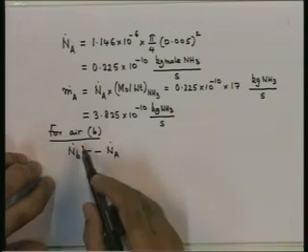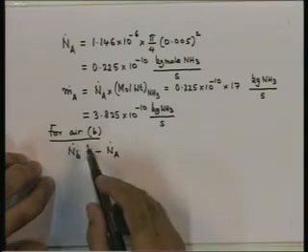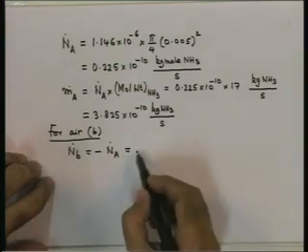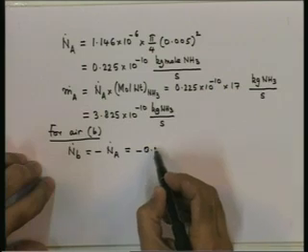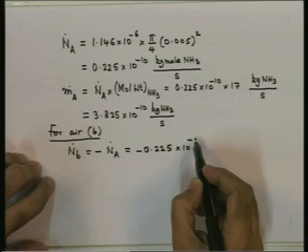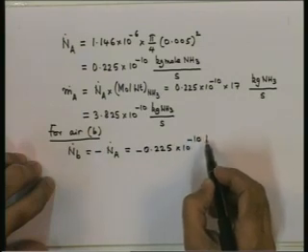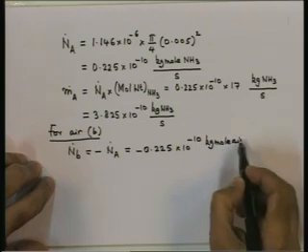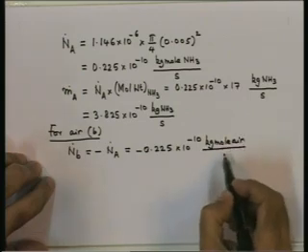So, the molar flow rate of air will be from right to left, so it will have a negative value. This will be minus 0.225 × 10^-10 kg mole of air per second.